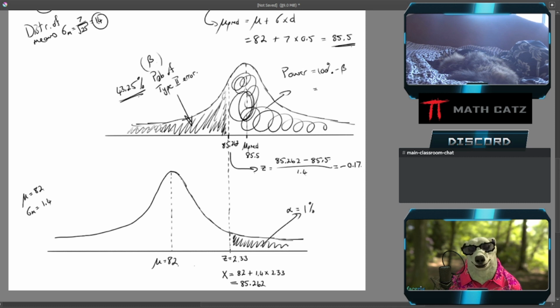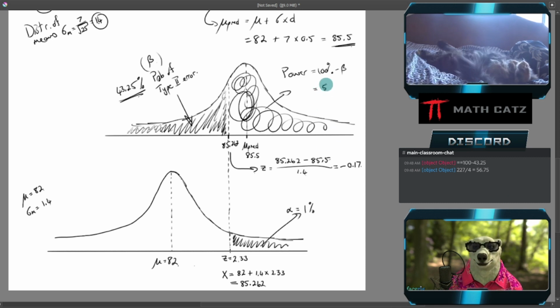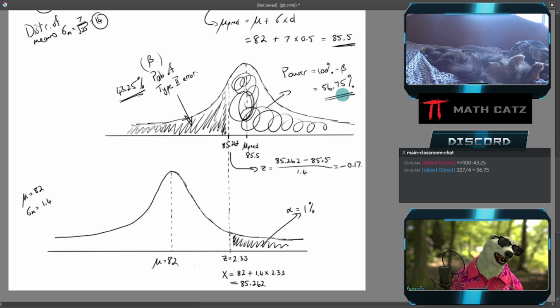So that's very easy to do. 100 minus 43.25. And we get 56.75 for the power. 56.75%. So whether I talk about power or type 2 error, they're interchangeable, really.